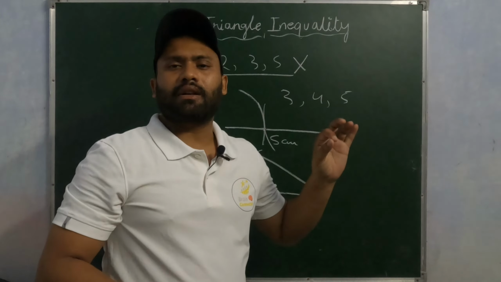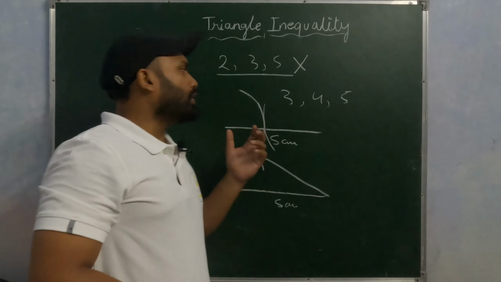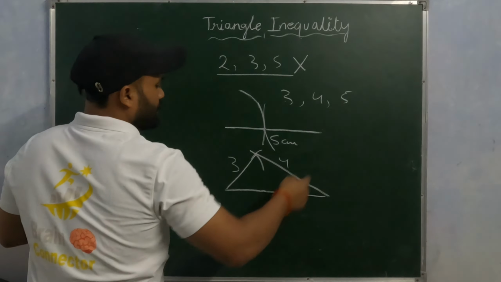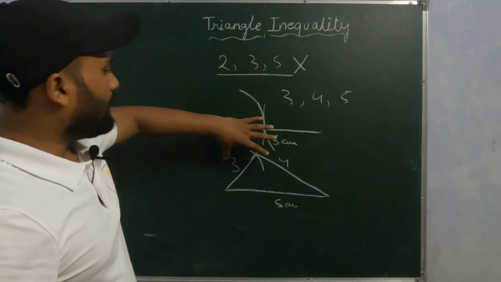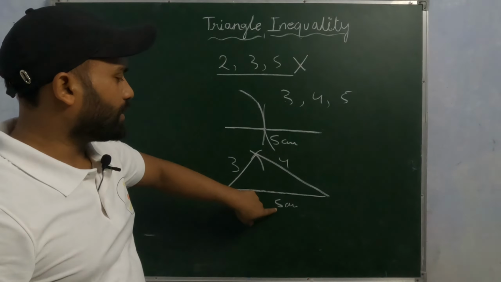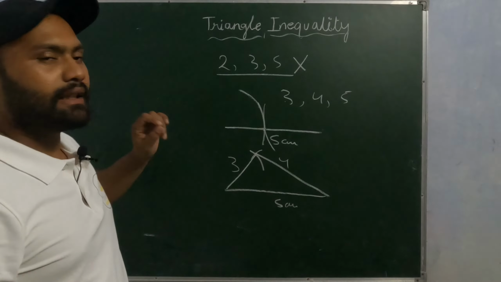Okay, but the topic is not the construction of the triangle. We have to understand the inequality of the triangle. So here you are finding that 3 and 4 are the two sides and 5 is the third side. When you add 3 and 4, you get 7, and 7 is always greater than 5. When you add 4 and 5, it will be 9, and 9 is greater than 3.